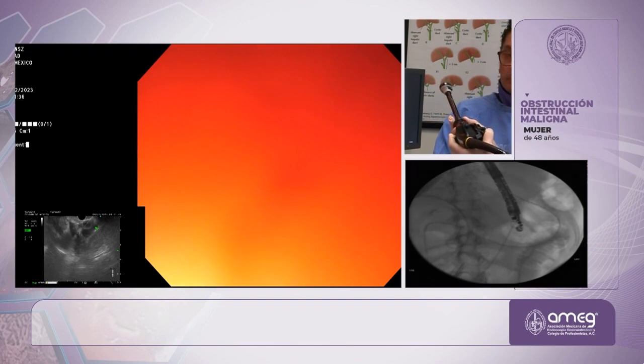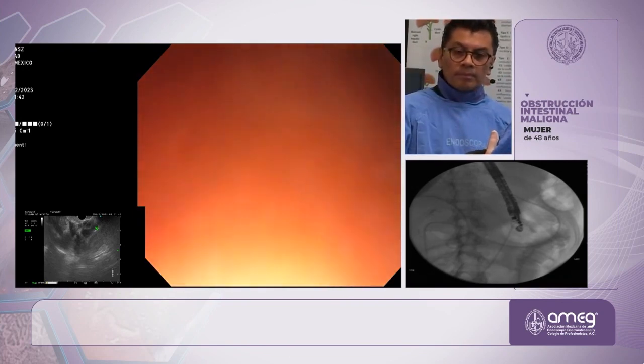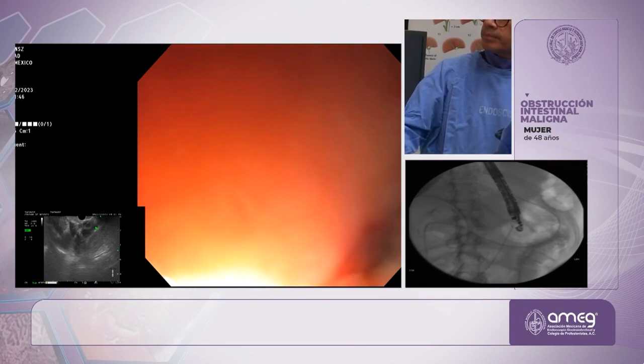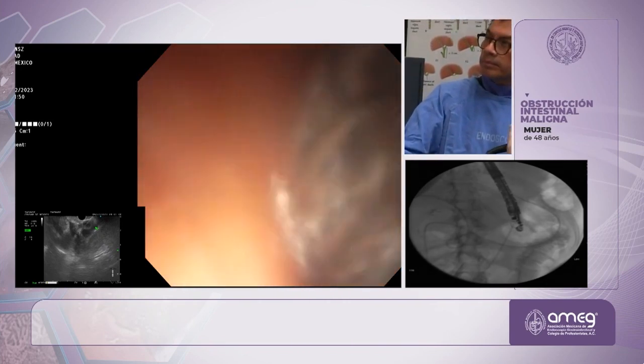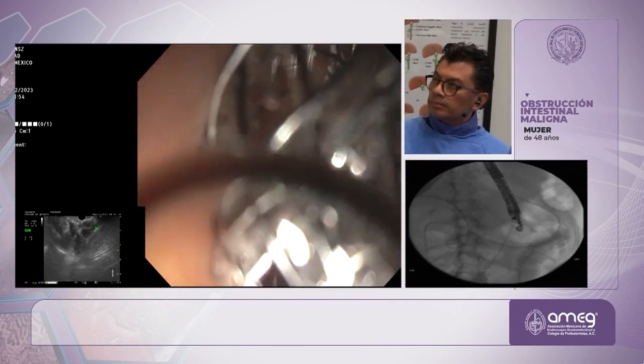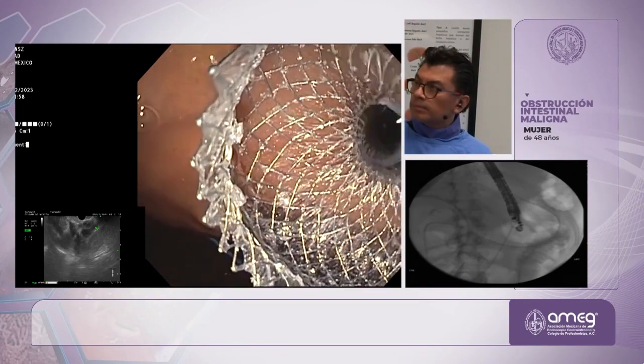I'm going to turn my body slightly to the right. Look at Miguel here as I give gas, and I'm just going to slowly push forward until I start to see the lumen there. There it is on the right side. There it is, right? I'm going to push it all the way out like this. It is open. And I'm going to pull away slowly.